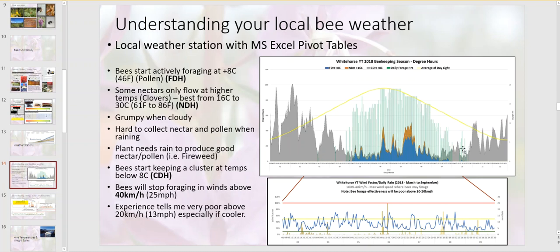These green bars are acceptable daily forage hours. So it gives me an idea of how many forage hours per day, per week, per month for the season at various times versus the weather. And like I mentioned before, cluster degree hours, CDH. Down here is just similar, looking and comparing wind data and rain data.